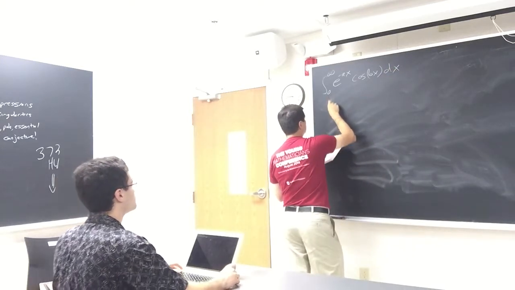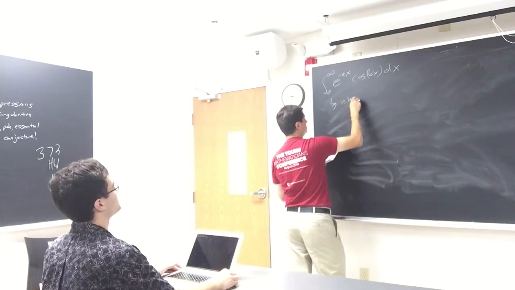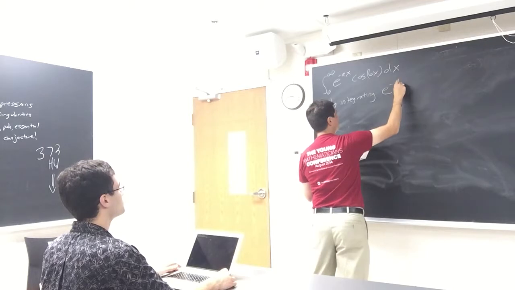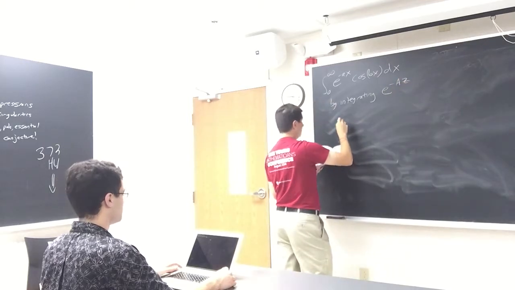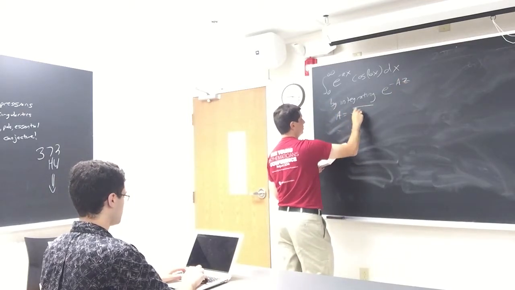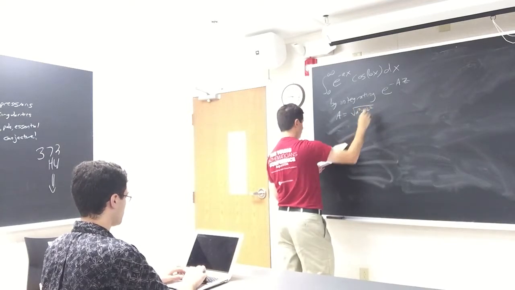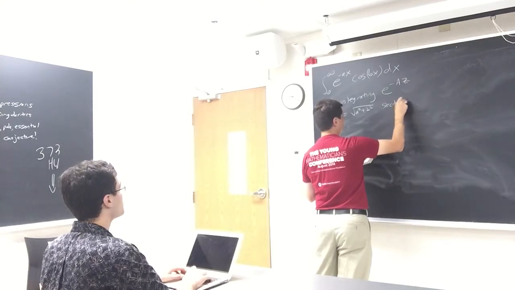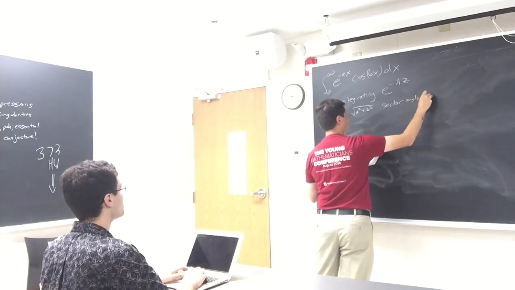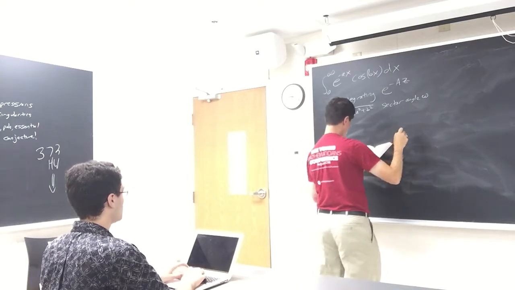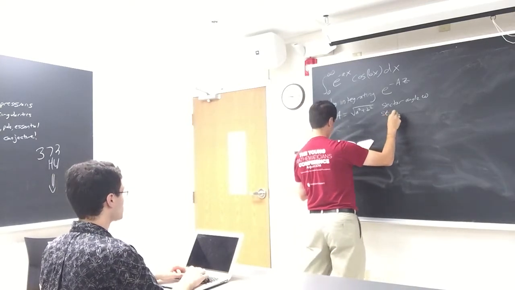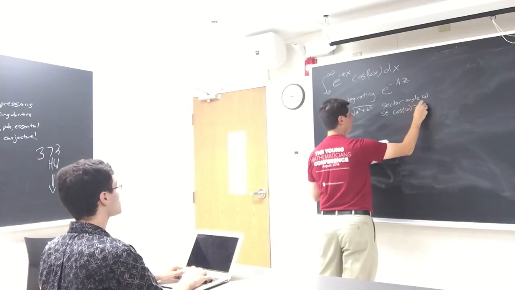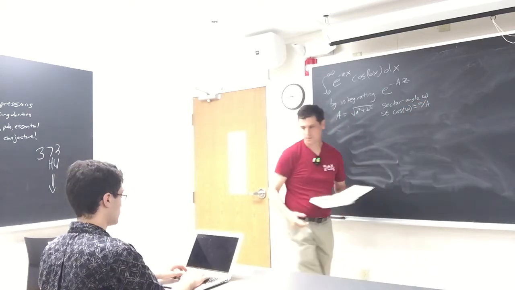And it says, by integrating e to the minus az, where a equals the square root of a squared plus b squared, over a sector with angle omega such that cosine of omega equals a over A. Okay, thank you.